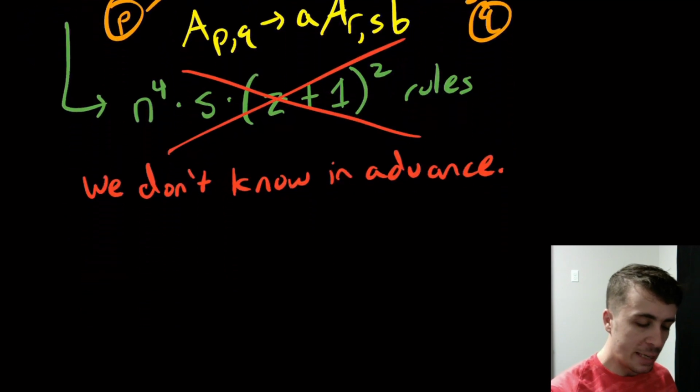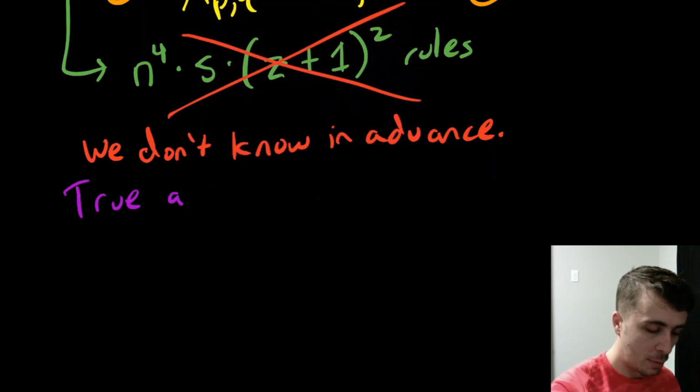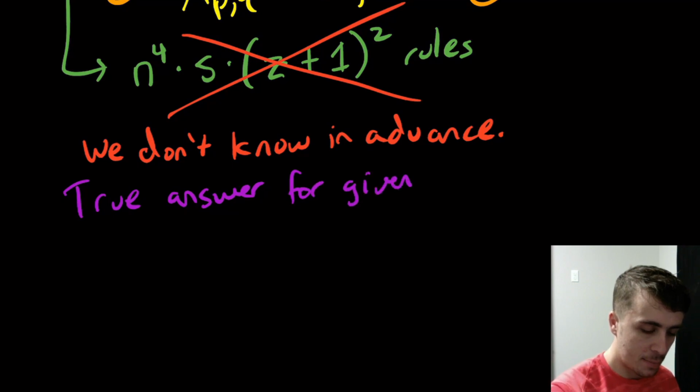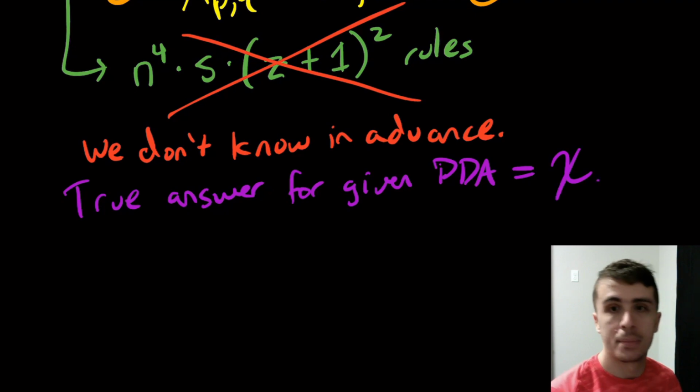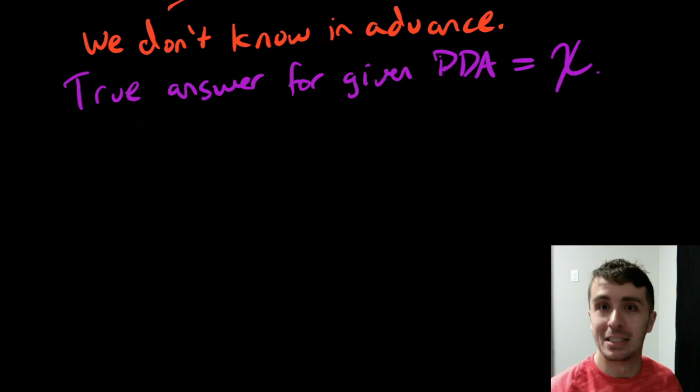So the true answer for a given PDA is, let's call it chi. That's a Greek letter that is often used to denote something in math.